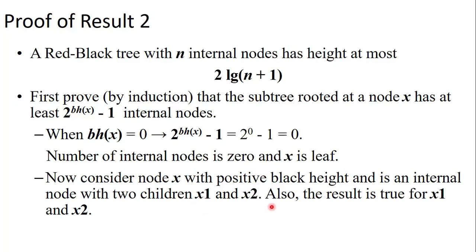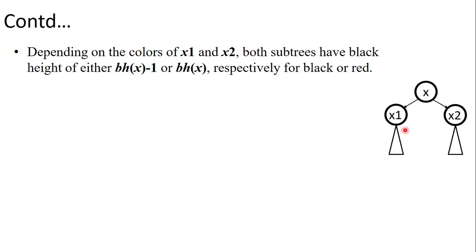As per the arbitrary black height property, this must hold true for x1 as well as x2. However, it depends on the color of nodes x1 and x2. For example, if x1 is red, then it will not contribute to the black height of its parent and will result in a black height equal to its parent, that is, bh(x).